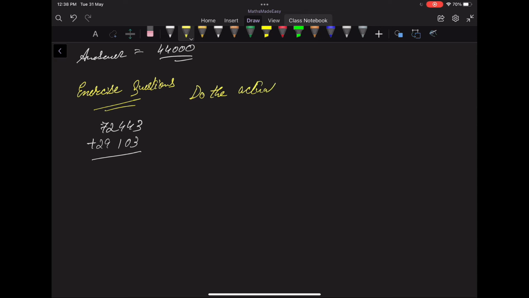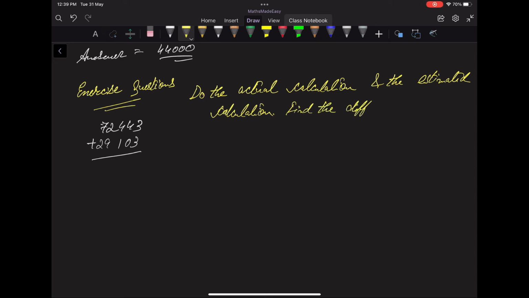Do the actual calculation and the estimated calculation. Find the difference between the two numbers. This is what the question says.